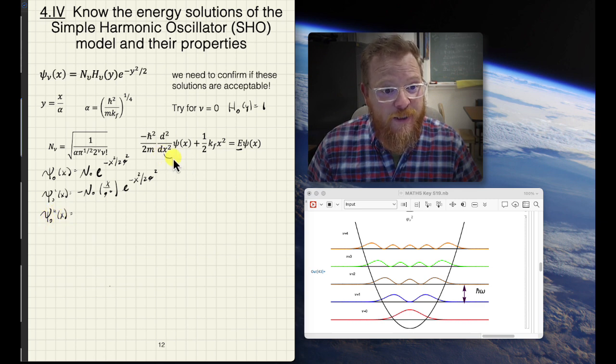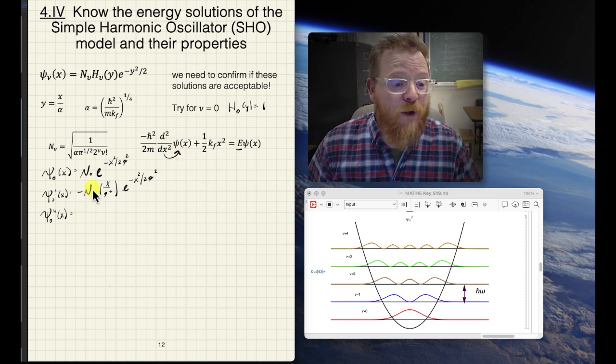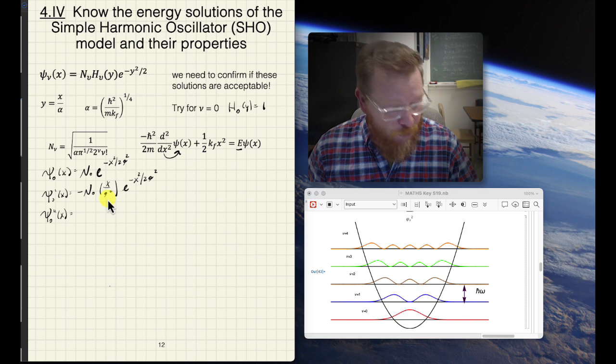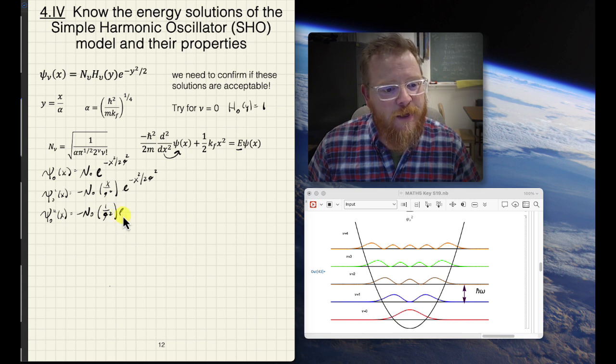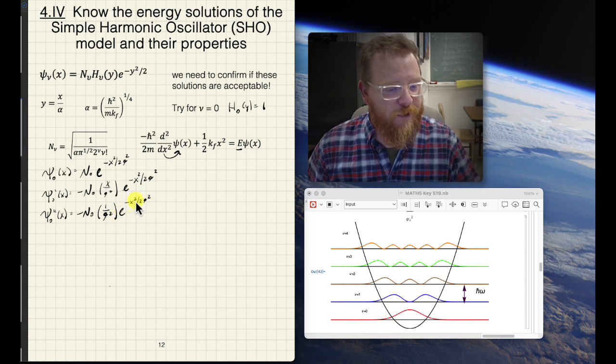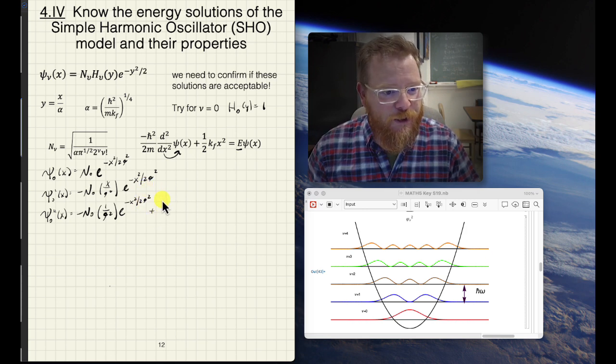Because the operation tells us to take the second derivative of psi. So now we're going to have to apply our product rule. So first, we'll take the derivative of the x. So that's going to go as negative N sub 0, and then the x drops out. And we've got 1 over alpha squared times e to the negative x squared over 2 alpha squared. And then now we'll take the derivative of the exponential portion.